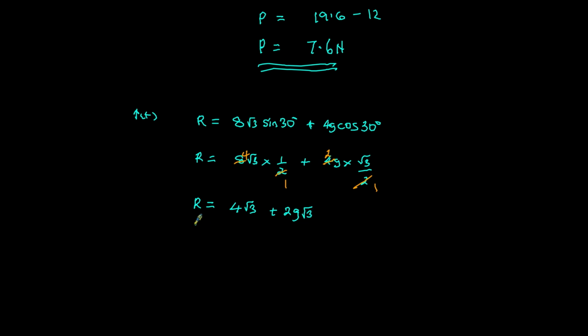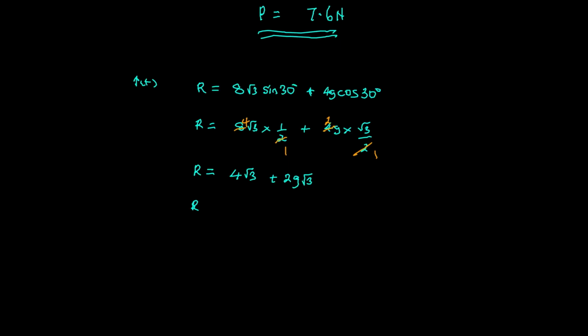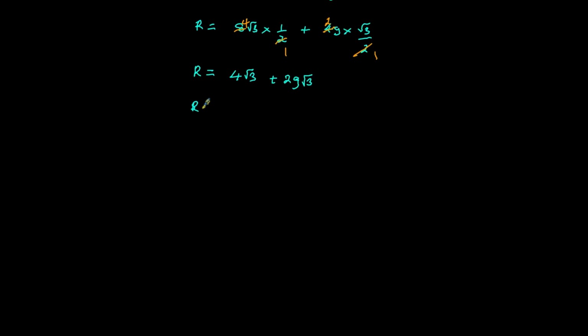We can factor out root 3 and we have our root 3 into 4 plus 2g. So our R will be equivalent to, when you simplify this, you get 23.6 root 3.